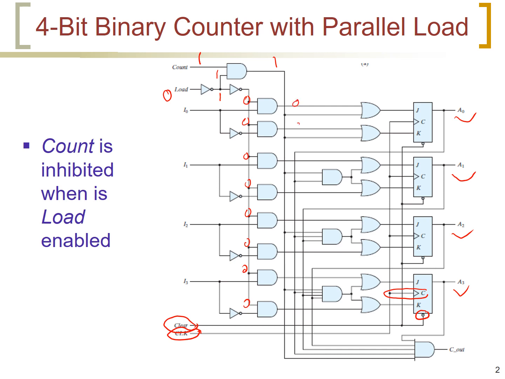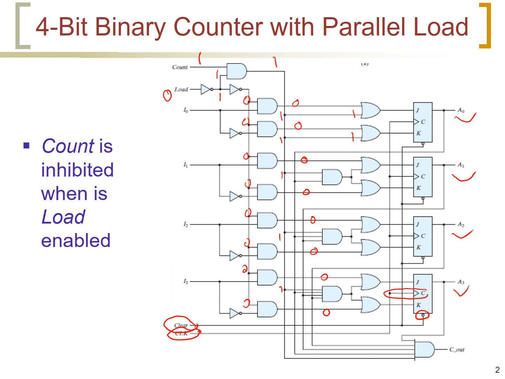And we find that each OR gate at the right-hand side has one input 0, whereas the other input comes from the count signal, that is 1 here. So this will be 1 here, and this is 1.